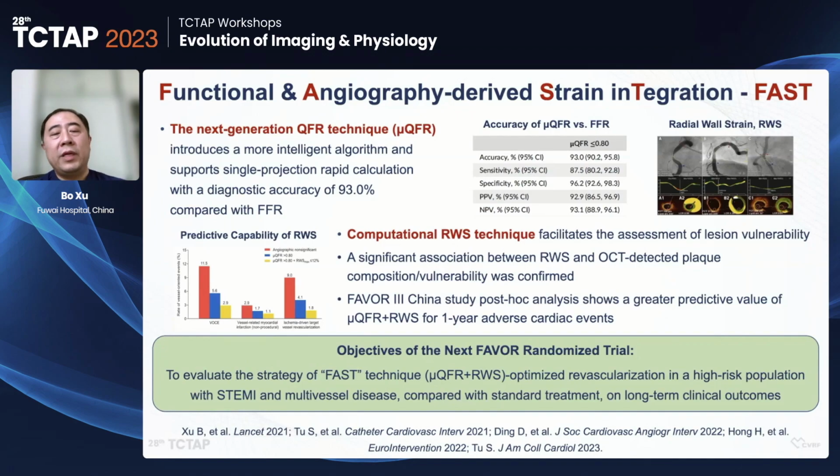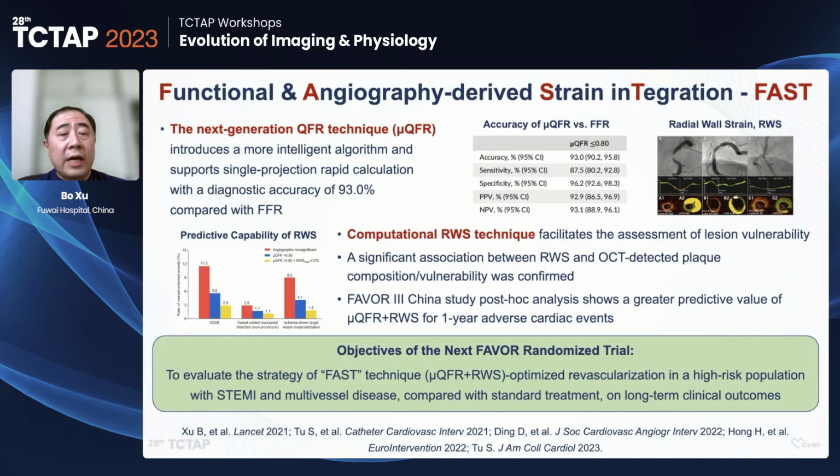Importantly, a FAVOR III China post-hoc analysis, a recent publication in JACC, shows a greater predictive value of muQFR plus RWS for 1-year adverse cardiac events.